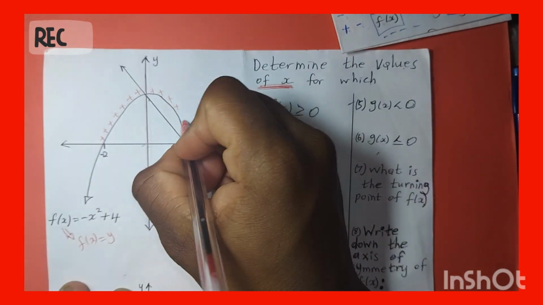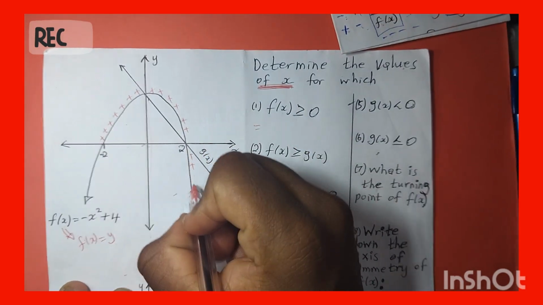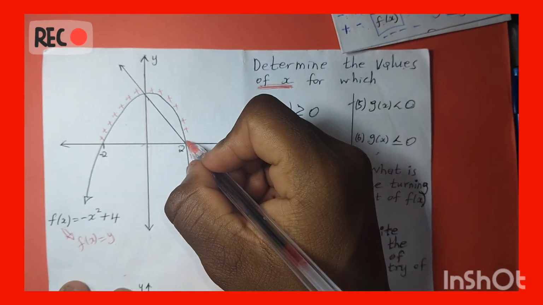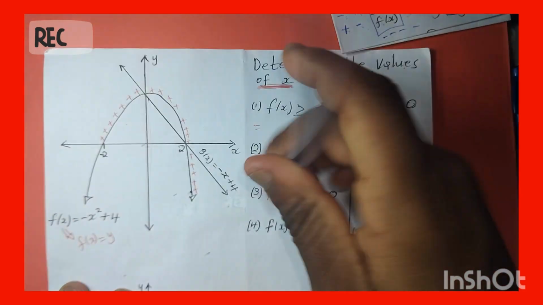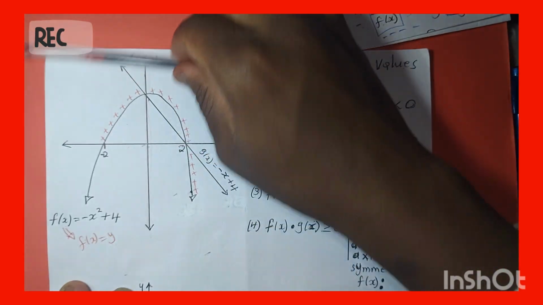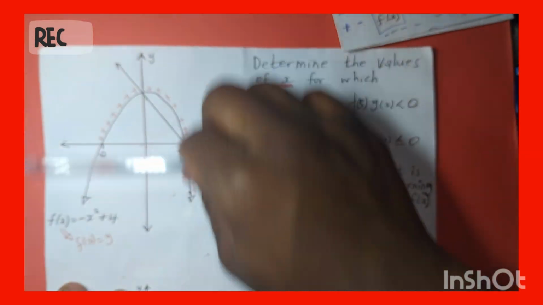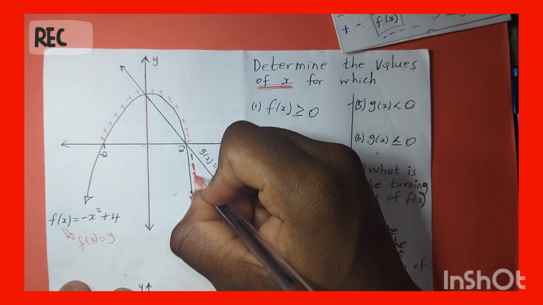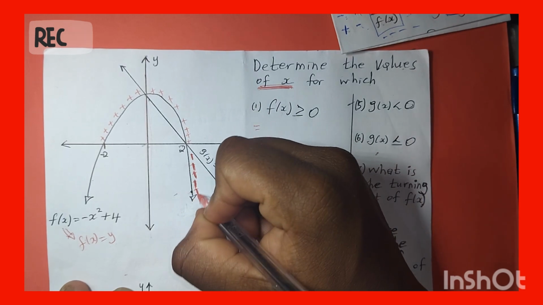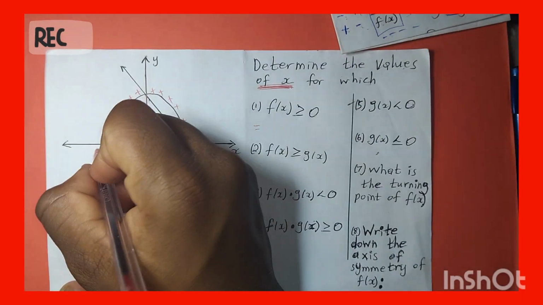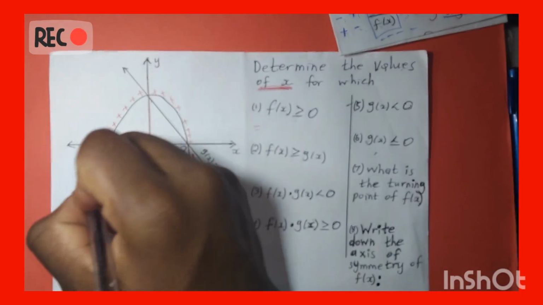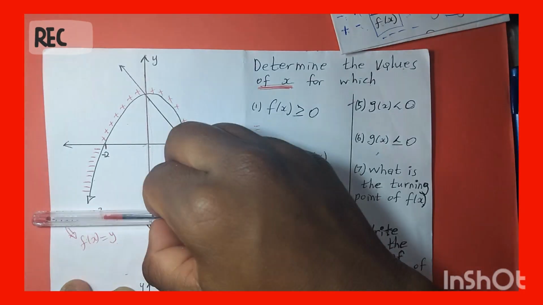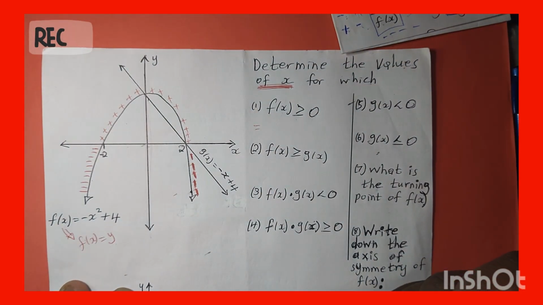Oh sorry guys, this graph is only positive here. But when you go down here, that graph is negative. Take note, even here the graph is negative, because all the y values there are negative.